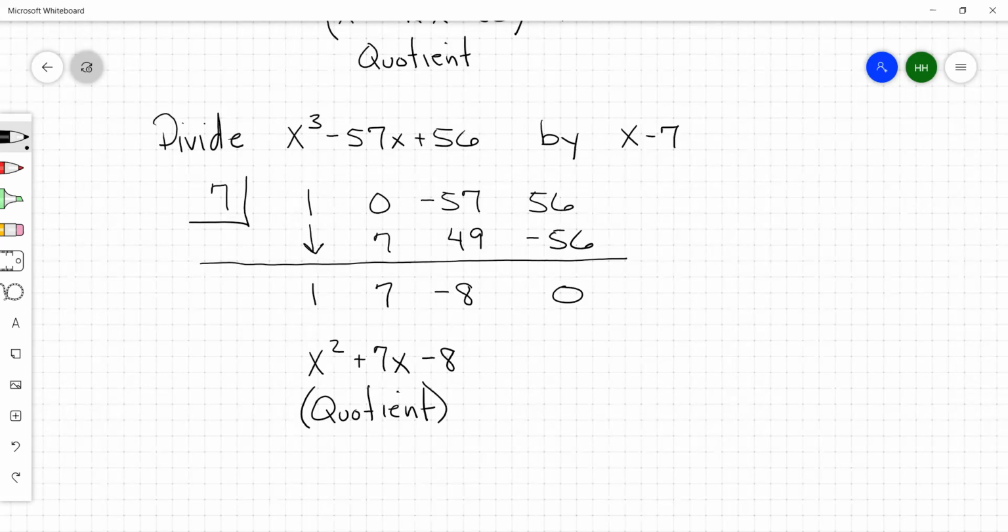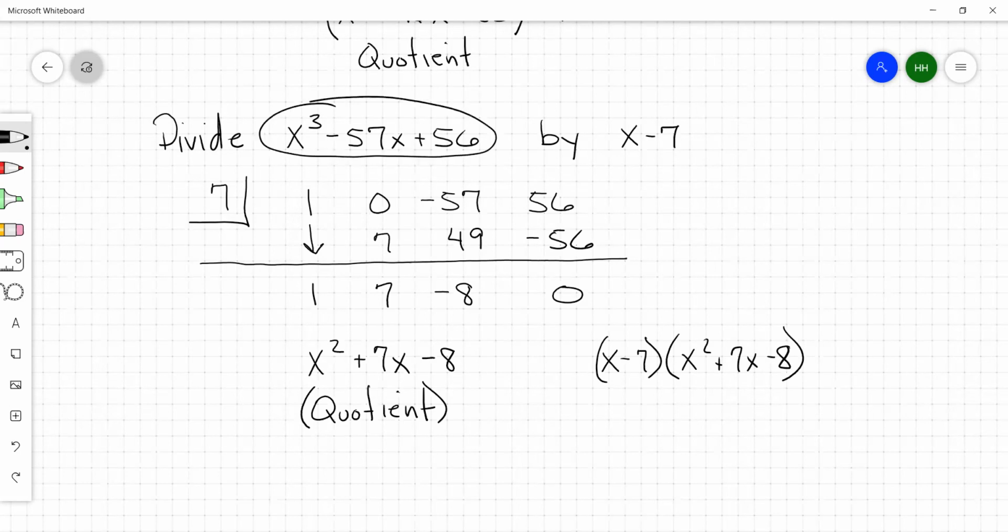All right. I'm just trying to remind you because sometimes the question will be asked, find the quotient of. So no, you don't have to write it at all. What you need to understand is that x minus 7 times x squared plus 7x minus 8 equals this, right?